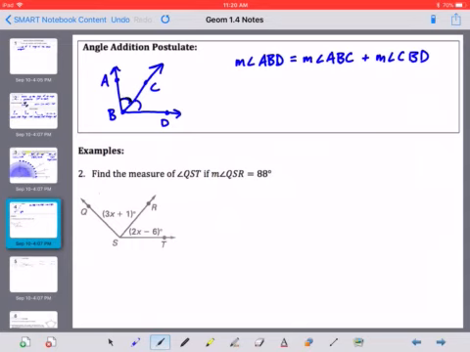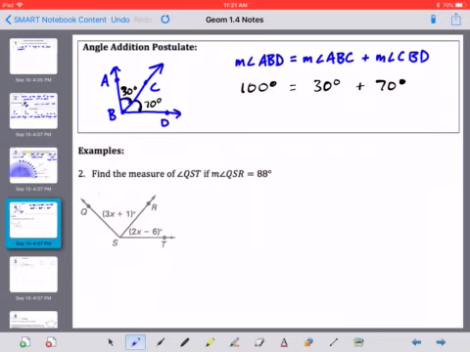Say this was 30 degrees right here, and this was 70 degrees right here. If angle ABC is 30 degrees and angle CBD is 70 degrees, then the entire angle would be 100 degrees.